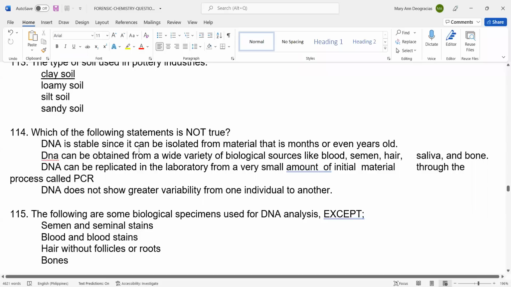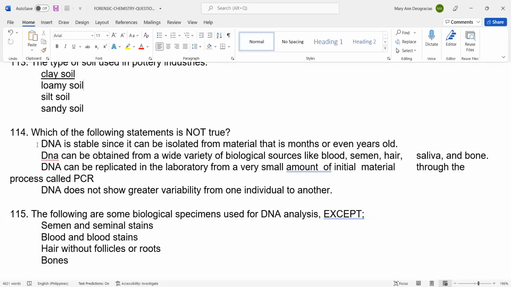Which of the following statements is not true? A. DNA is stable since it can be isolated from materials that are months or even years old. Is this statement correct, yung letter A? Correct yan. Letter B, DNA can be obtained from a wide variety of biological sources like blood, semen, hair, saliva, and bones. Okay, tama yan.